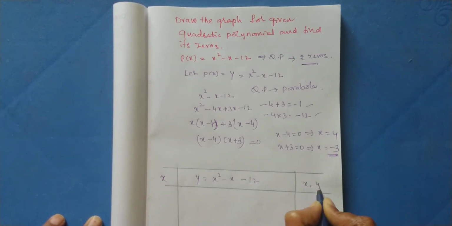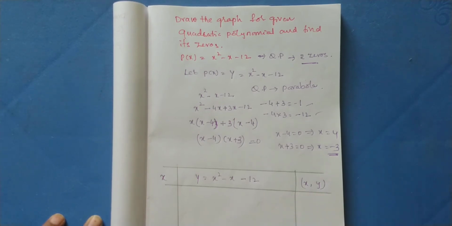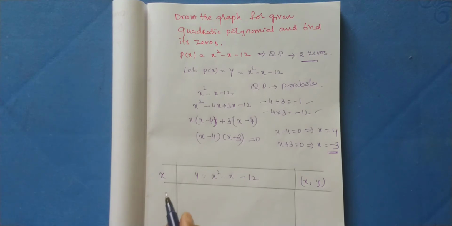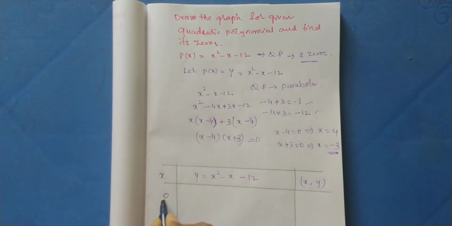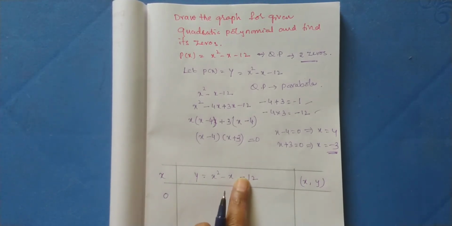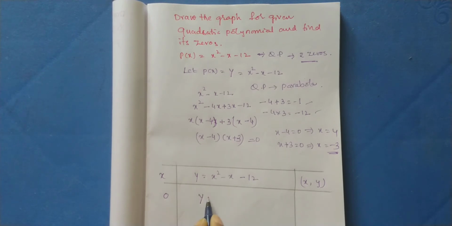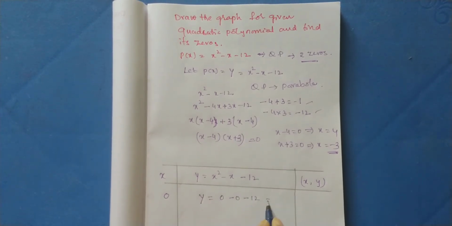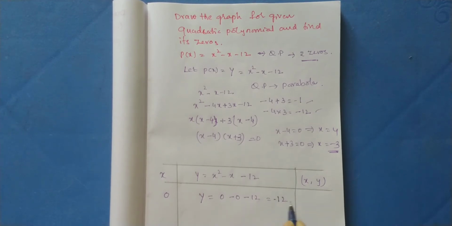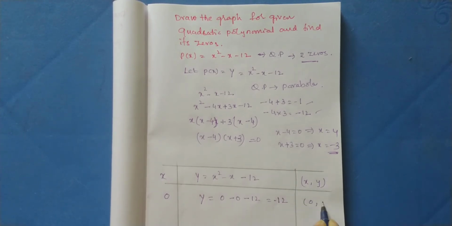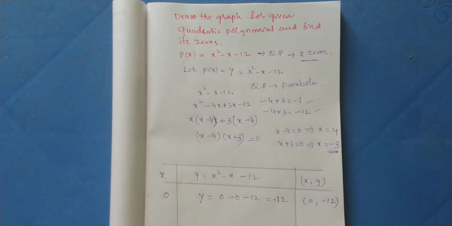These are the x and y coordinates which we have to put on the graph sheet. It is better to assume 0, so x becomes 0 and we always get the constant term. Simple calculation: y is equal to 0 minus 0 minus 12, that is y is equal to minus 12. So the x and y coordinates are 0 and minus 12.